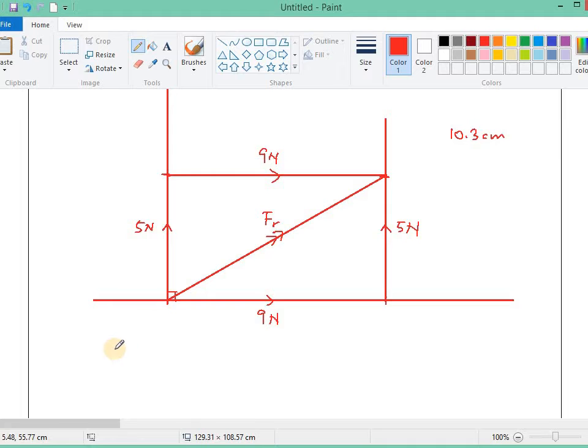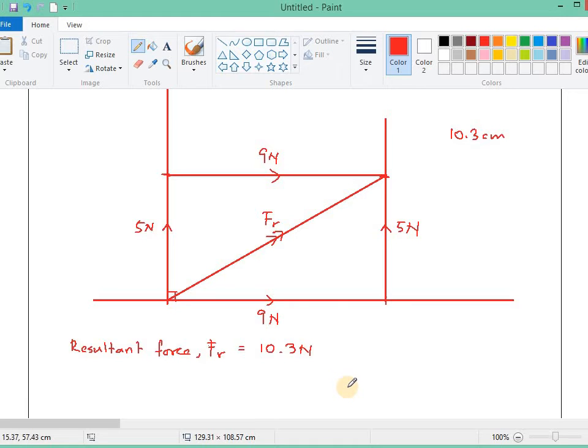So that means the resultant force Fr will be equal to 10.3 centimeter, which means 10.3 Newton.